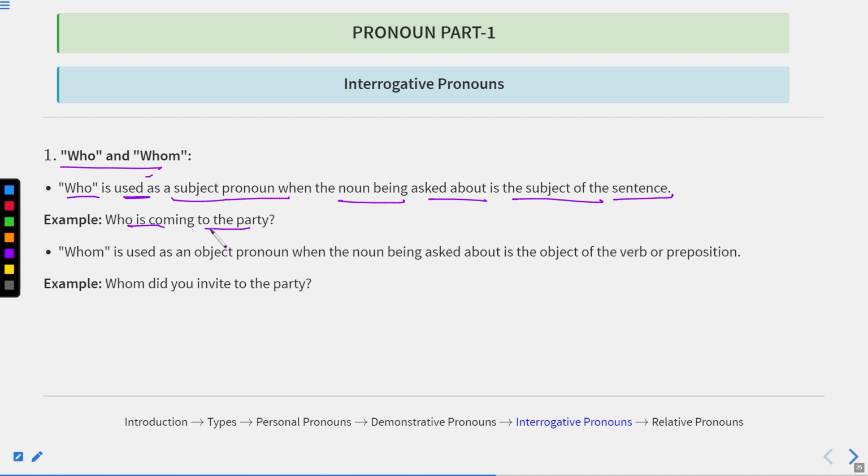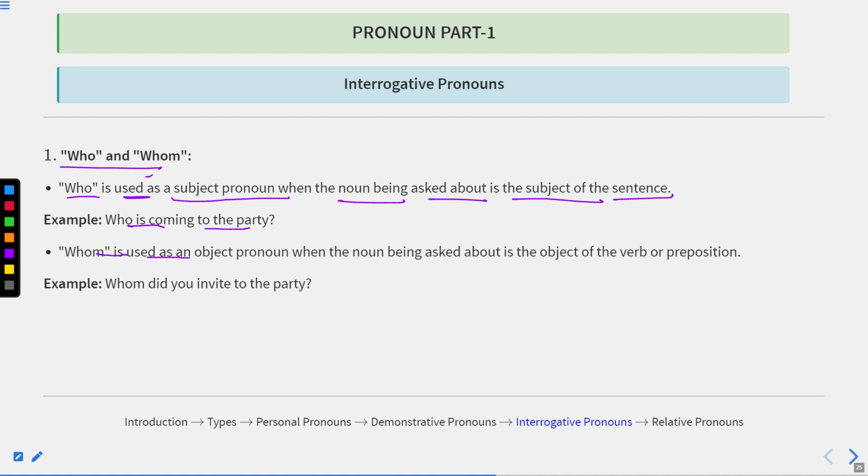Also, this who is forming a question to ask about the person, it means from this question the speaker or writer wants to ask about the person who is coming to the party.